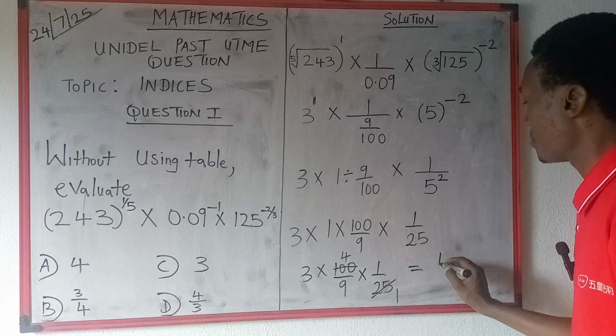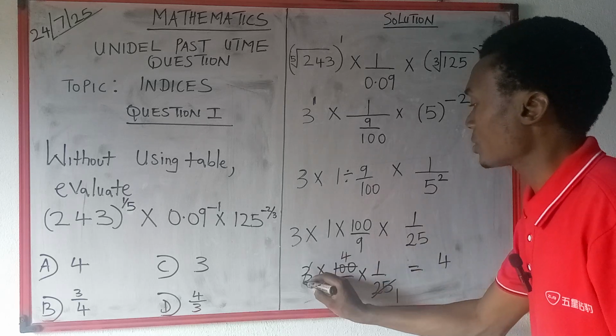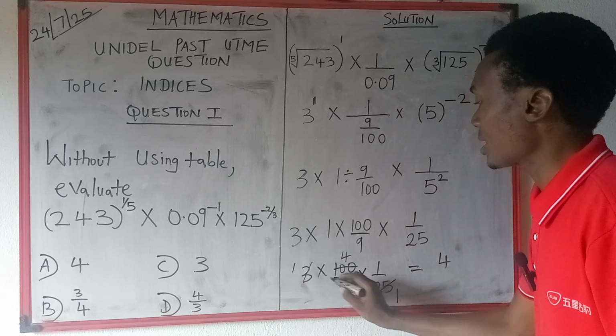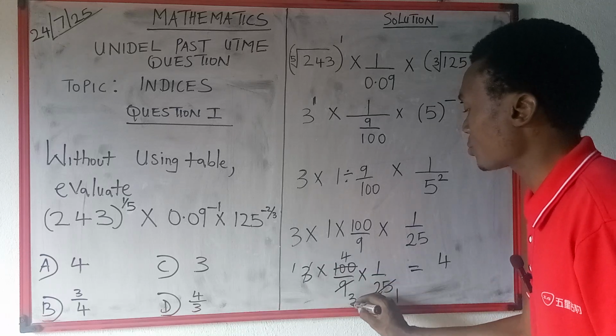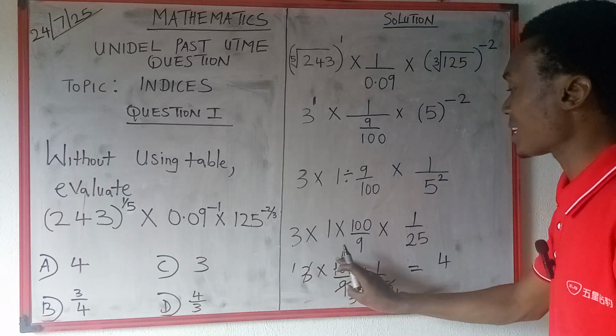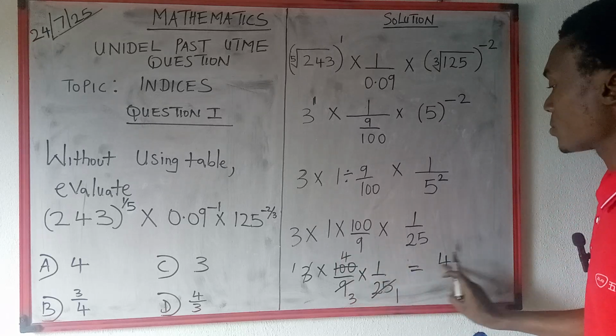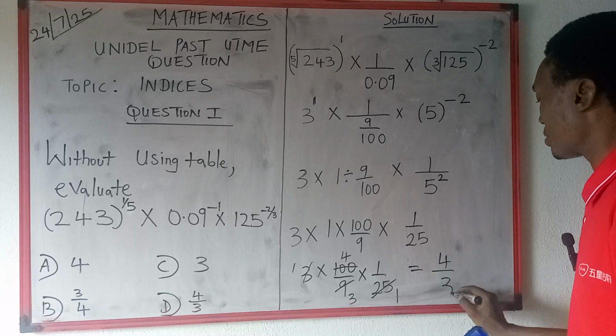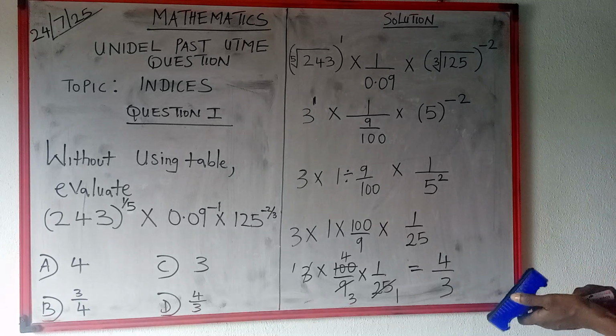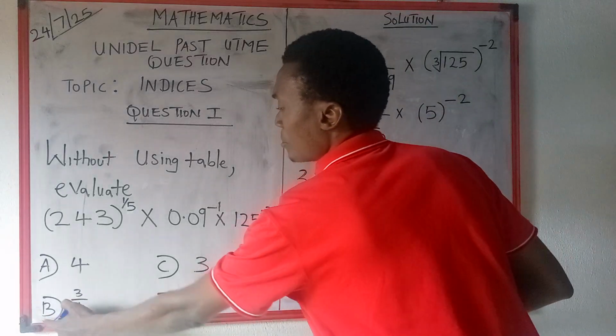So we have 4. 3 cancels 3 and gives us 1, 3 cancels 9 and gives us 3. So 1 times 4 times 1 is 4, and 3 times 1 is 3. And you go back to your options. The answer is 4 over 3, option B.